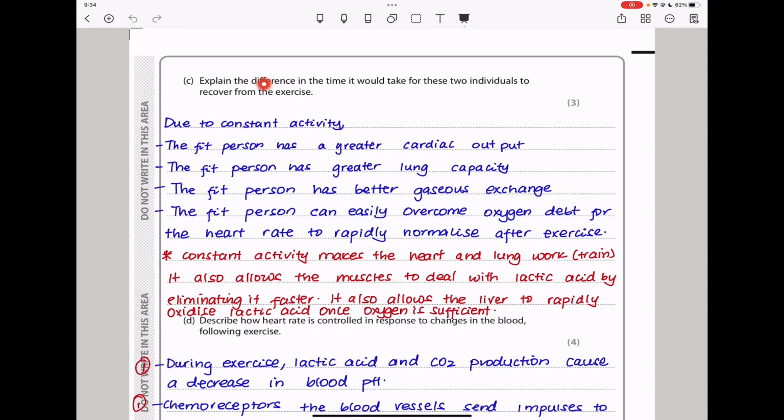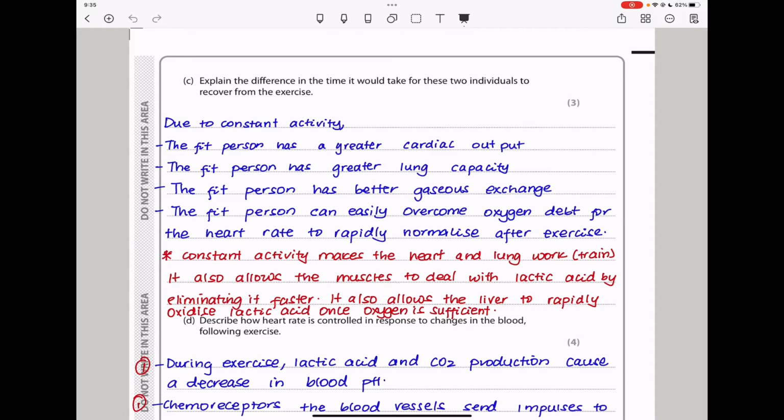Here they say explain the difference in the time it would take for these two individuals to recover from exercise. During exercise, there is going to be a lot of activity and some anaerobic respiration is going to take place, so there will be some oxygen debt, and after exercise, that oxygen has to be taken into the body. However, because a person who is unfit does not constantly exercise, their lung capacity is going to be low, and their rate of gaseous exchange is going to be lower in comparison to the fit person.